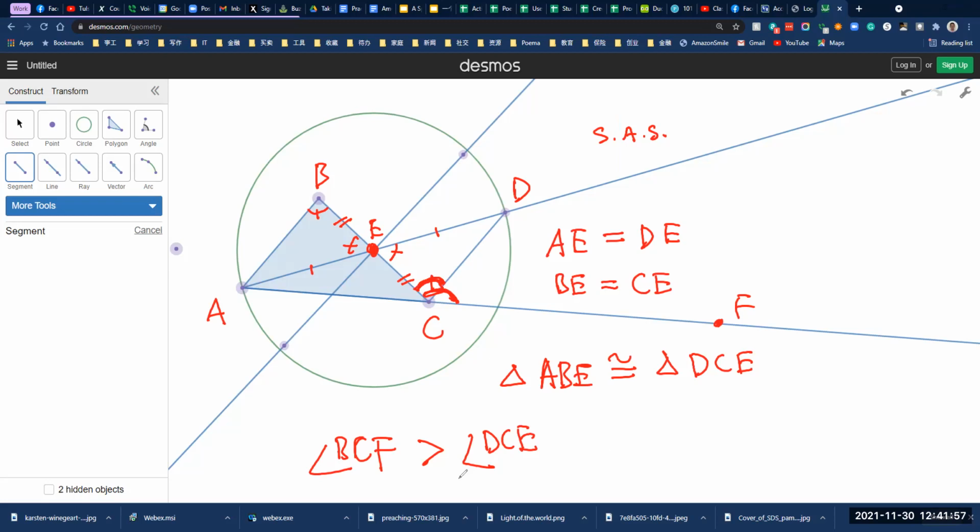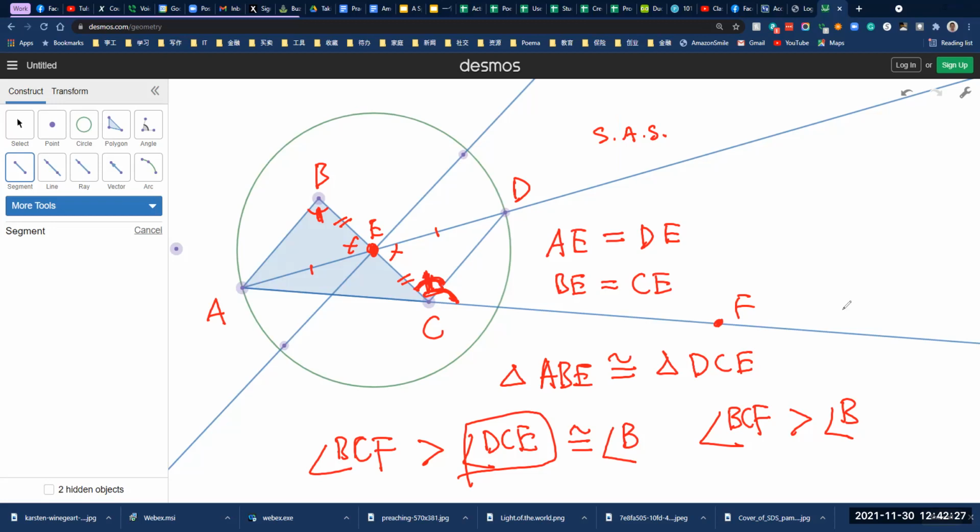And we know DCE is congruent to this angle, which is angle B. Therefore, we prove that this exterior angle is greater than angle B. So that's our first proof.